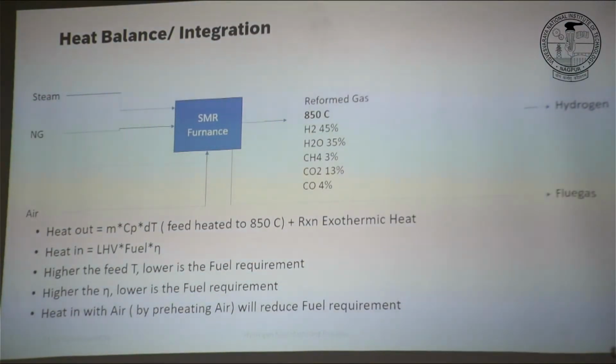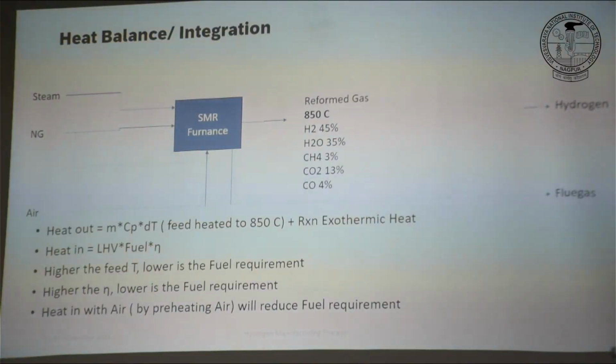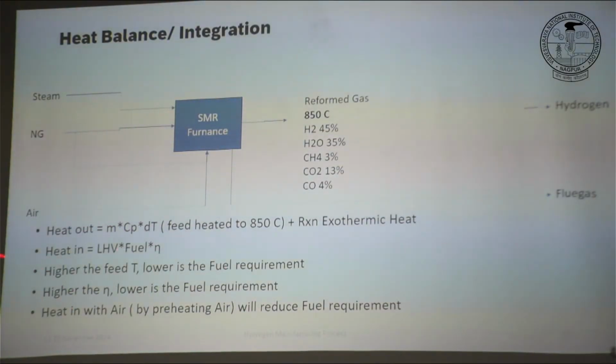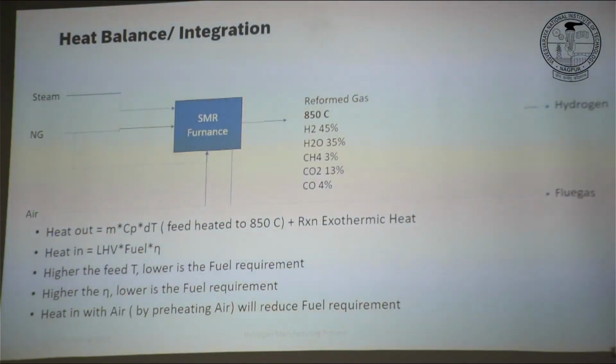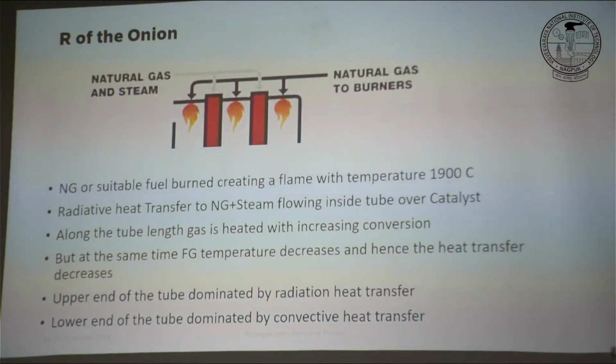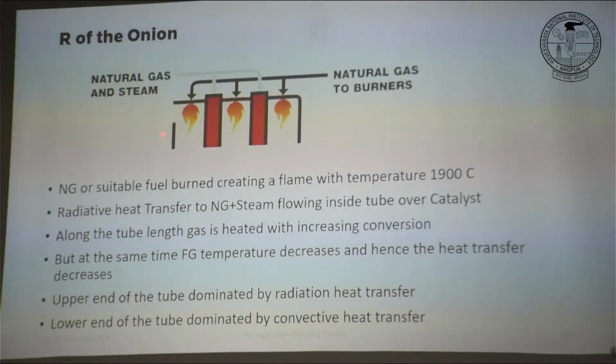So we already saw the optimum temperature, right? But in terms of fuel, you could imagine, the higher the feed temperature, the higher will be the fuel consumption, right? And the higher the efficiency. With efficiency, I mean what's the flue gas outlet temperature. So when we burn natural gas, the temperature here is somewhere around 1900 degrees, and we said after the reactor system, the flue gas temperature is somewhere around 1000 degrees.